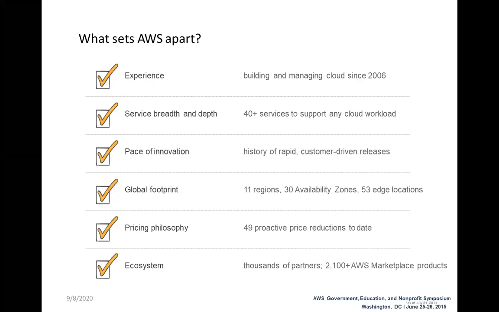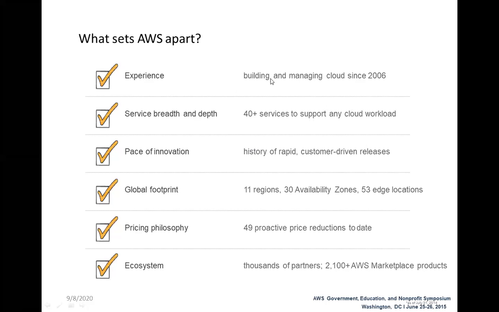So, if a question comes in your paper and you are asked why you would prefer or why you want to take the services of Amazon, you can say because of these features like experience, service breadth and depth, pace of innovation, global footprint, pricing philosophy, and ecosystem. Because of these, you want to take Amazon Web Services as a service provider.